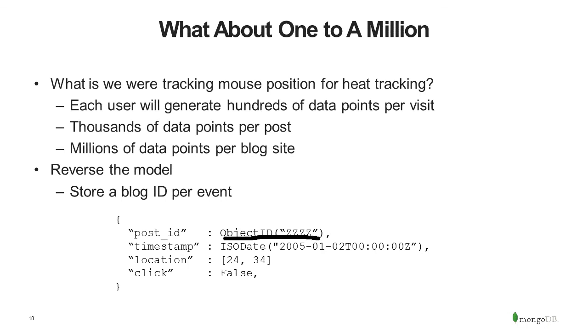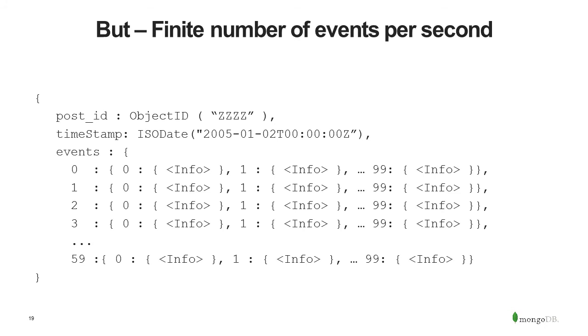But that means now if we want to retrieve all the events that are associated with a particular blog post or with a particular time frame, we're doing lots of queries and returning lots of individual documents. And that in itself can be slightly inefficient. So now we go to a slightly different model, right? We know there's going to be a finite number of events per second that we're interested in.